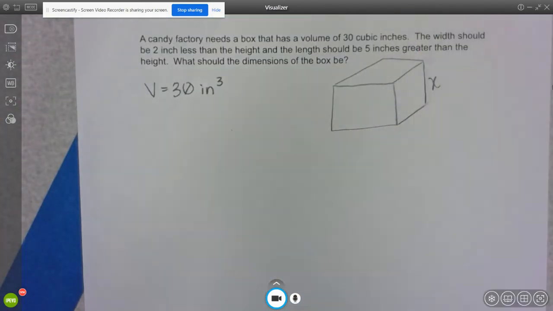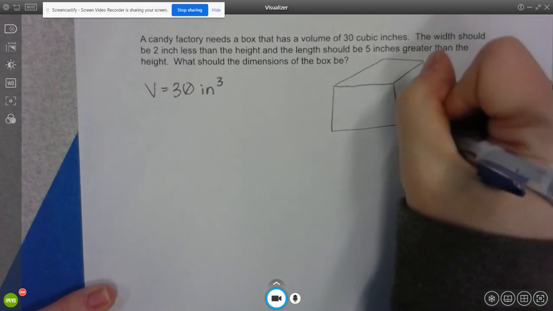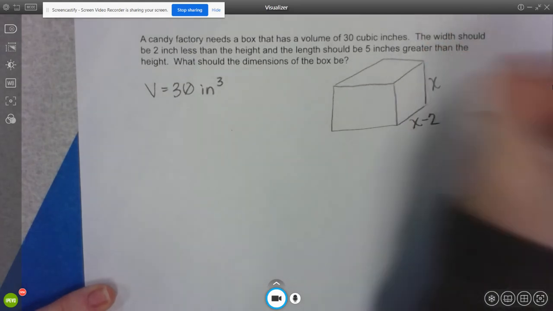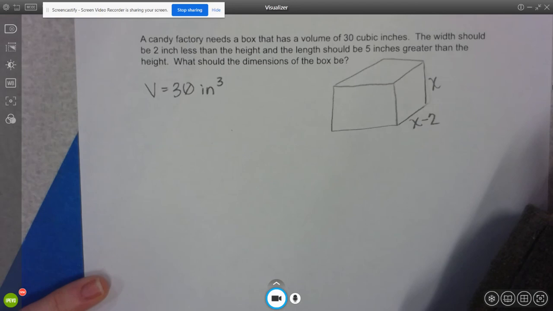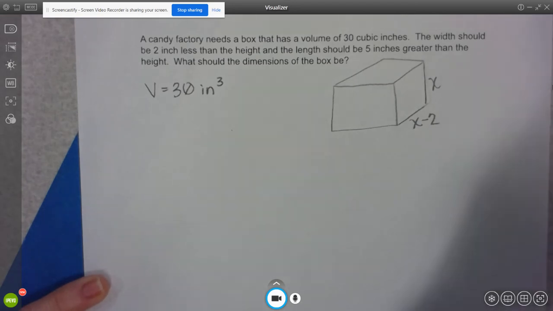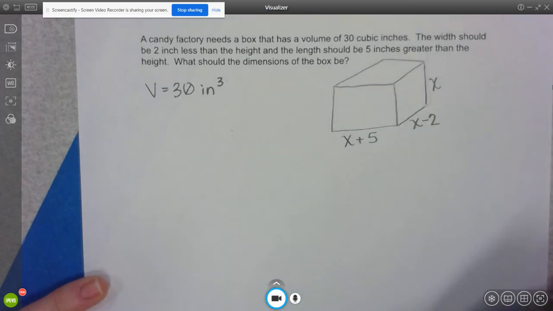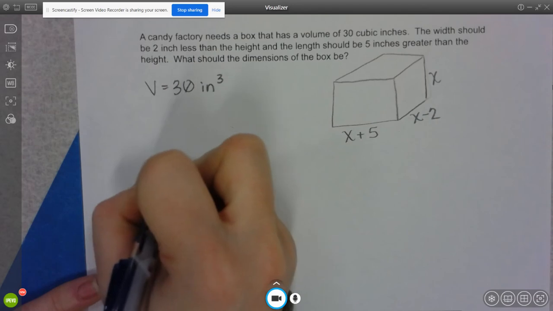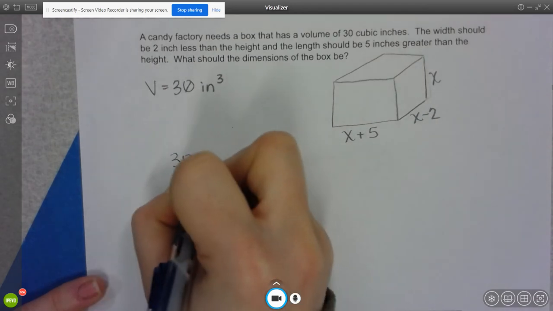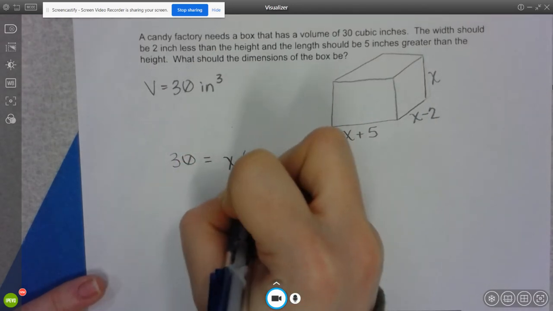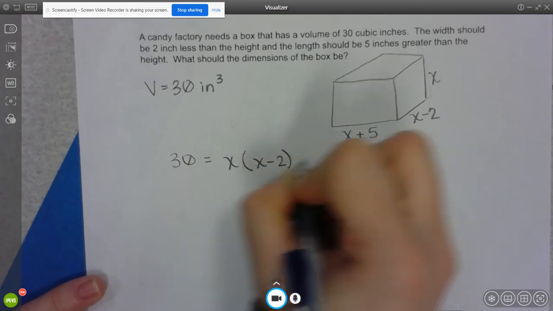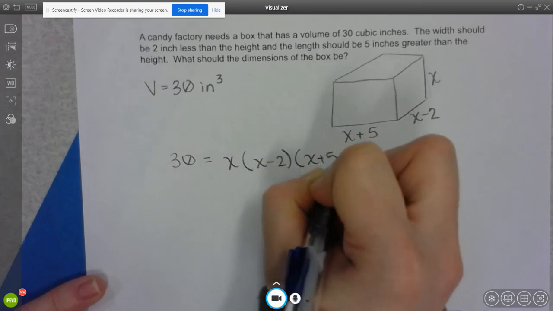So the height's going to be x. The width should be 2 inches less than the height. So this should be x minus 2. And the length should be 5 inches greater than the height. So I'm going to write myself a volume equation. So I have 30 being equal to x times x minus 2 times x plus 5.